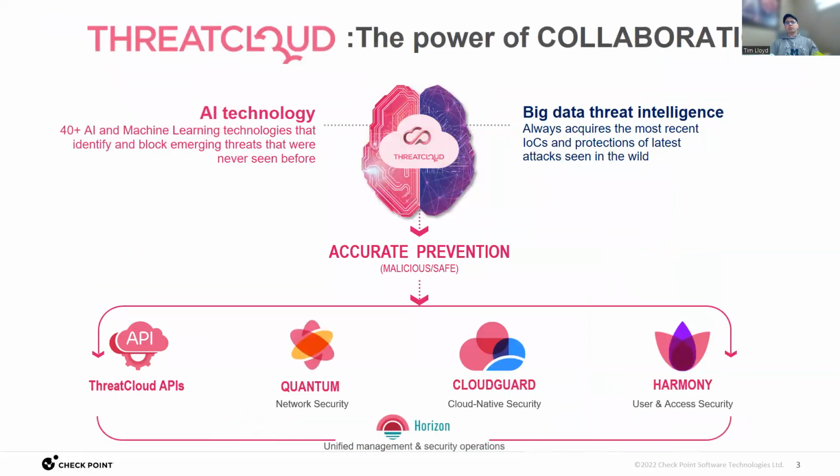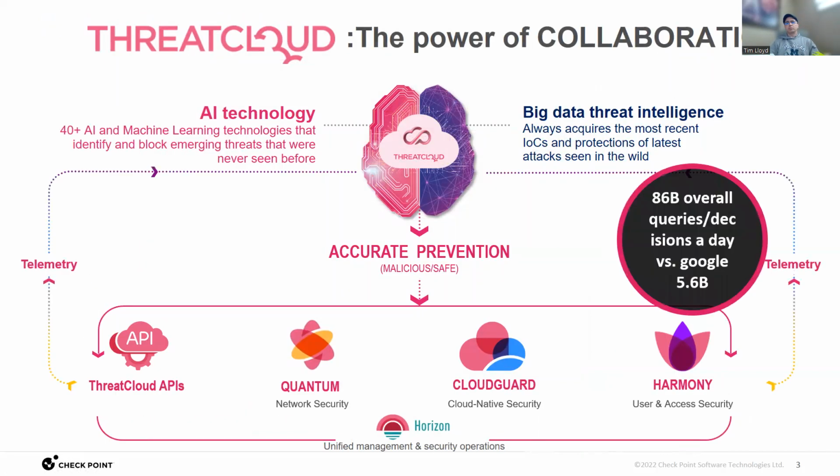Now, one of the things that I wanted to take you through is what we call the ThreatCloud. And the reason for it is that just giving you a demo of IPS isn't going to put on display the power that's behind the technology, which is the ThreatCloud.